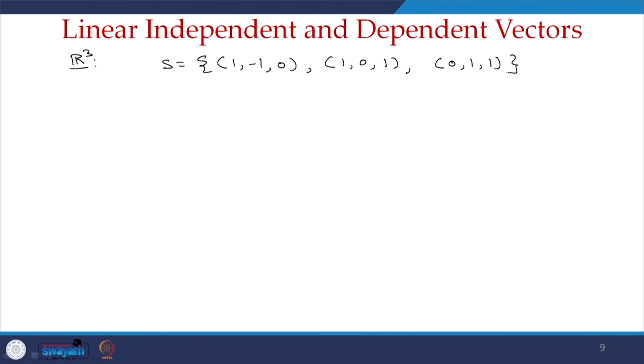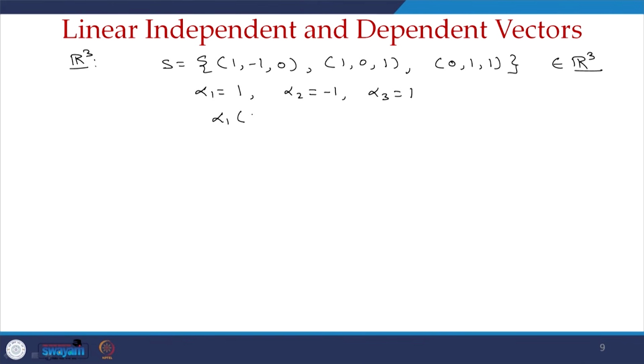Each of these vectors belongs to R3. What can you say about these vectors? If I take alpha 1 equals 1, alpha 2 equals minus 1 and alpha 3 equals 1, let's check what I get.